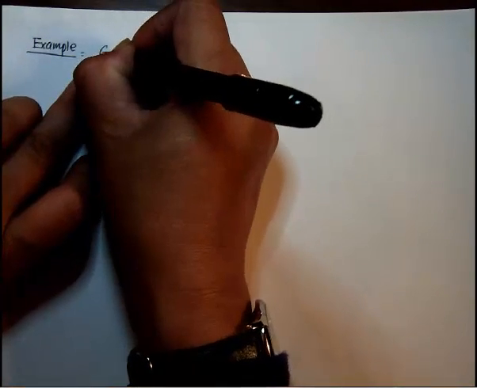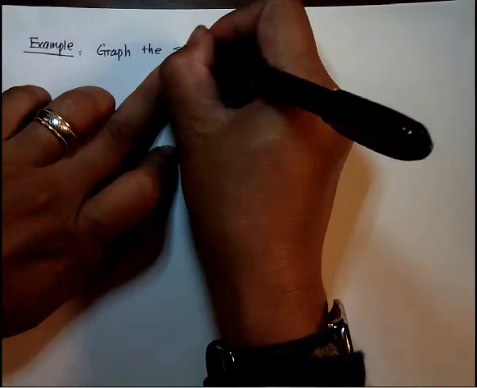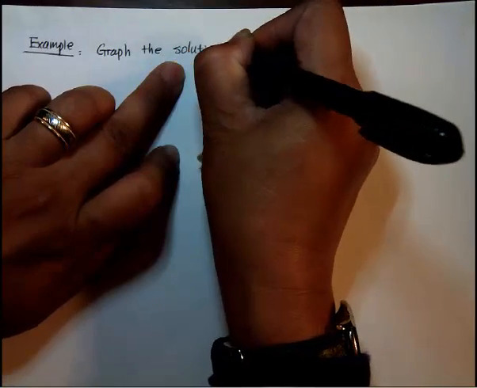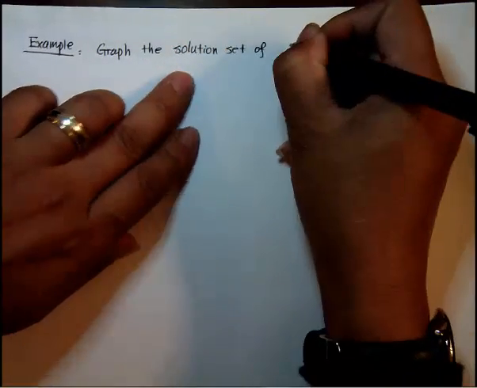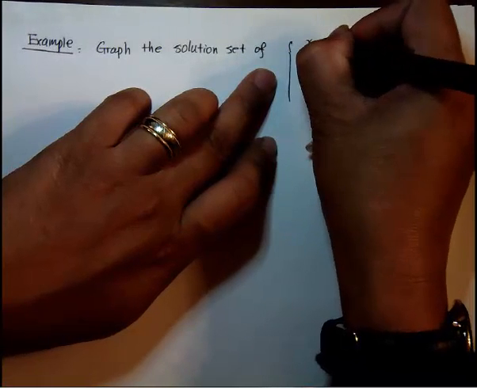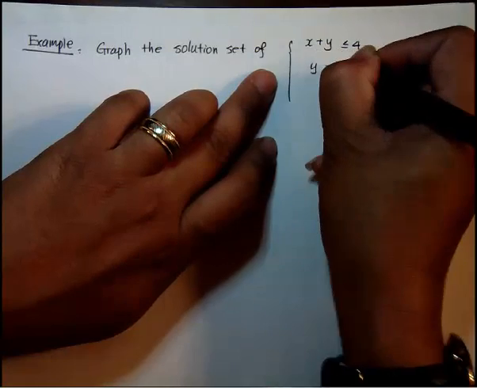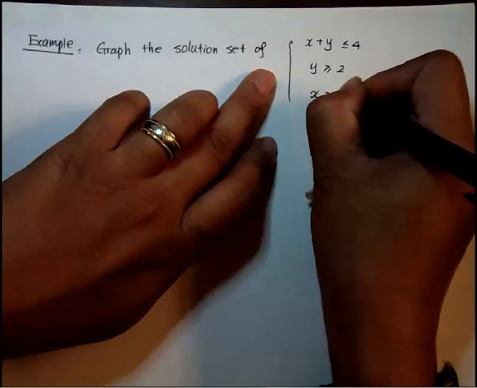We are going to graph the solution set of this system of inequalities. I'm going to put down 3 of them. X plus y less than or equal to 4, y greater than or equal to 2, x greater than or equal to 0.